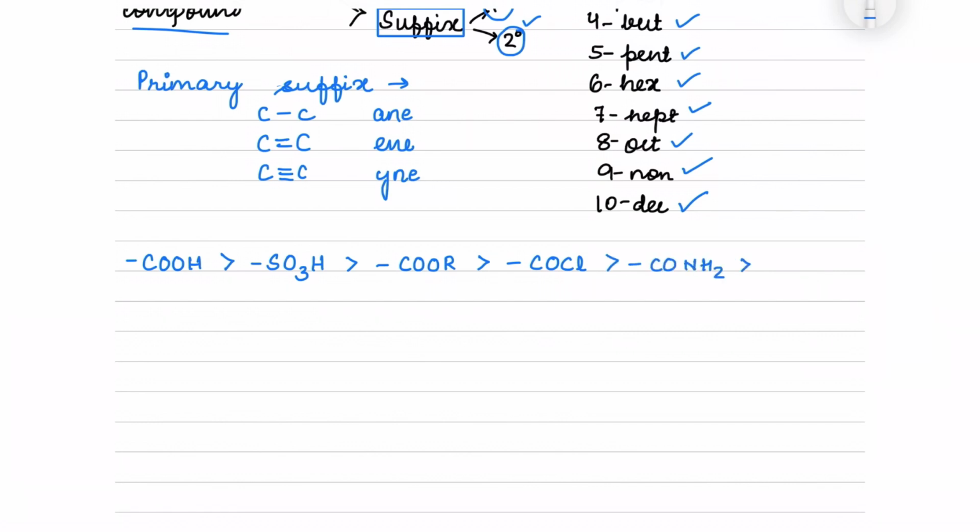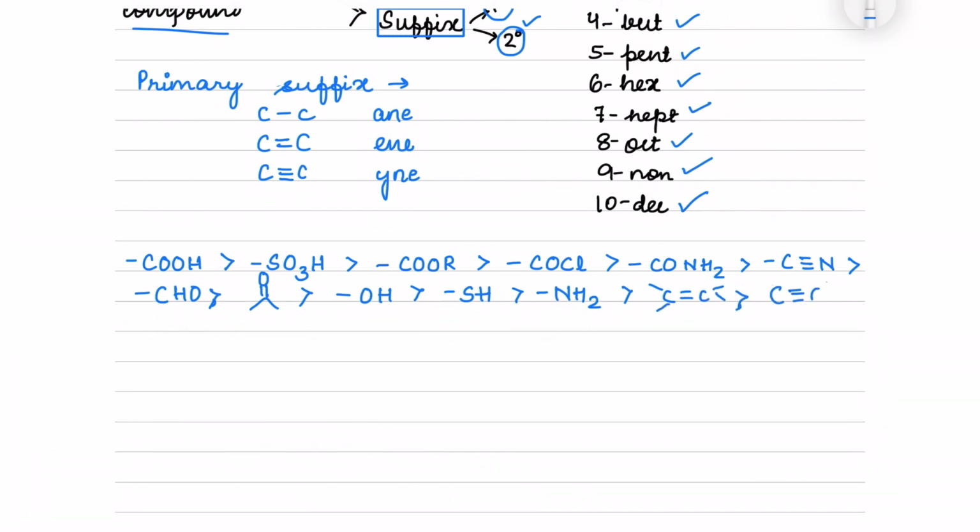CONH2, amide, then C triple bond N, nitrile, and then CHO, aldehyde, then ketone, then alcohol, followed by SH, thiol, followed by NH2, amine, followed by C double bond C, alkene, C triple bond C, alkyne, followed by C single bond C, alkane, followed by ether, followed by halogens.